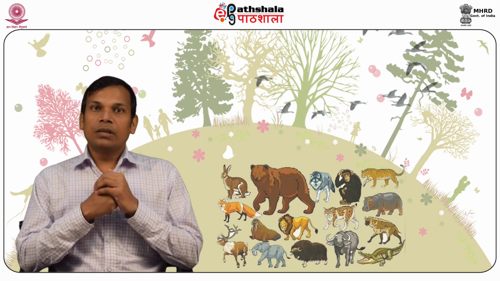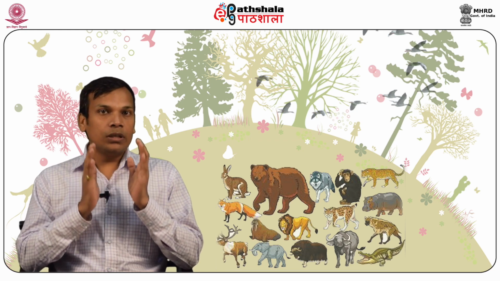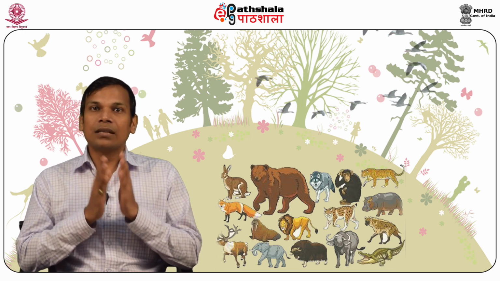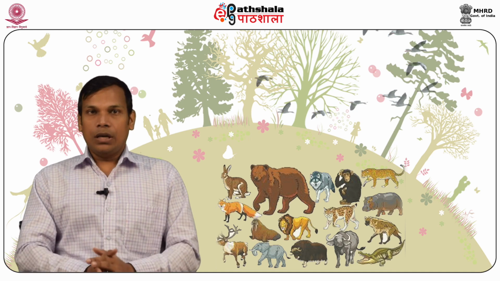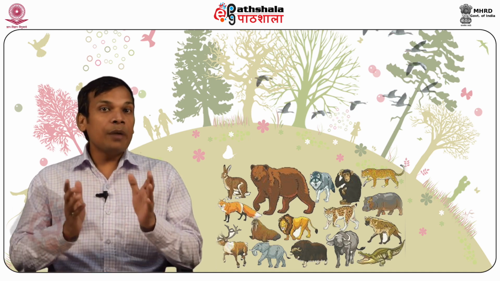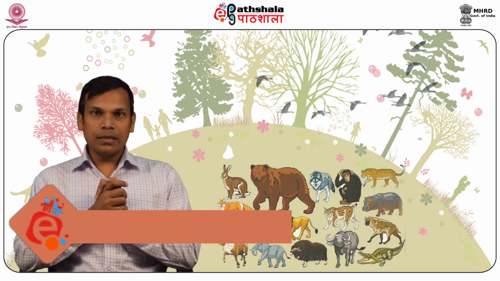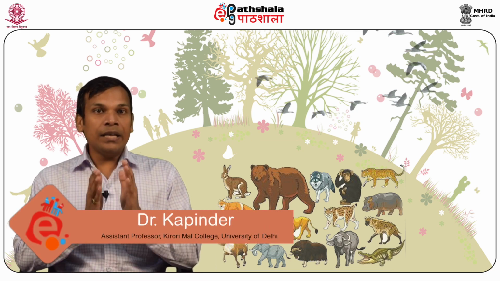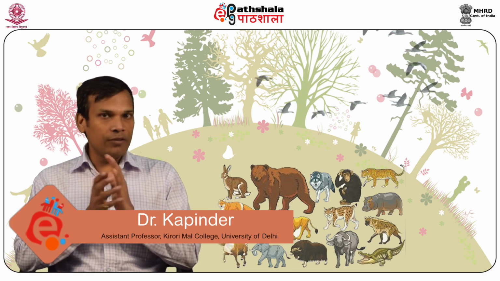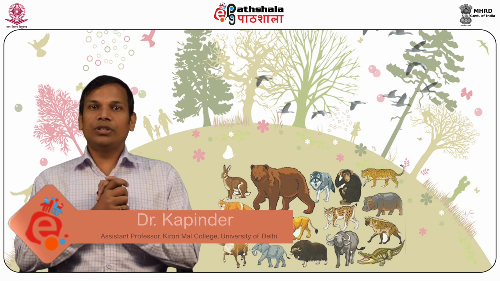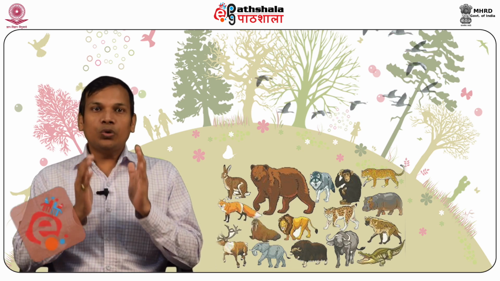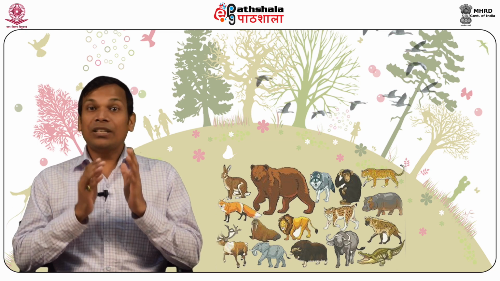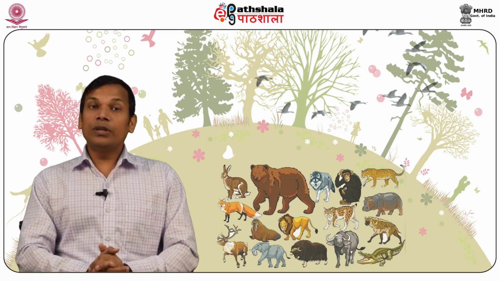Pyramid of number represents the total number of individuals at different trophic levels in a food chain. Pyramid of biomass represents the living weight of the organisms present at any time in each trophic level. Pyramid of energy indicates the total amount of energy at each trophic level of the food chain.